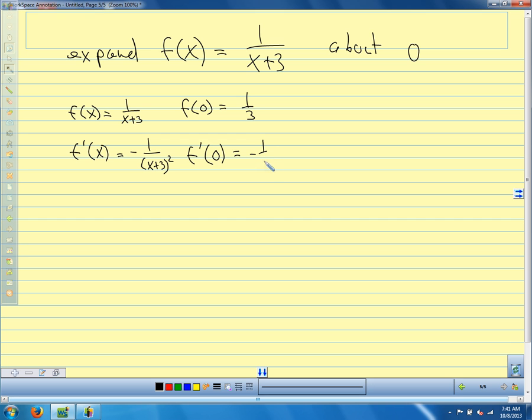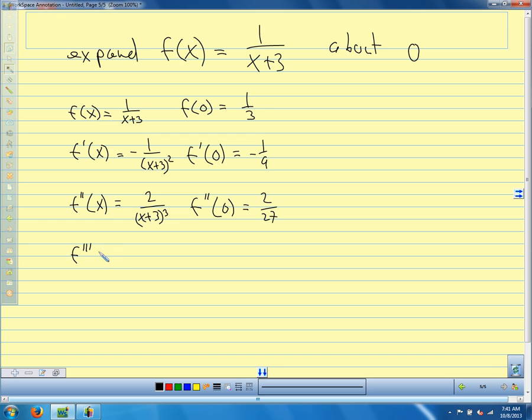So f prime of 0 is minus 1/9. Take the second derivative, and we get 2 over x plus 3 to the third. f double prime of 0 is 2 over 27.